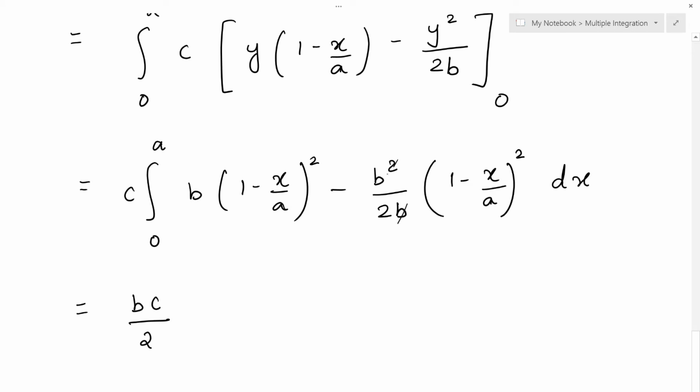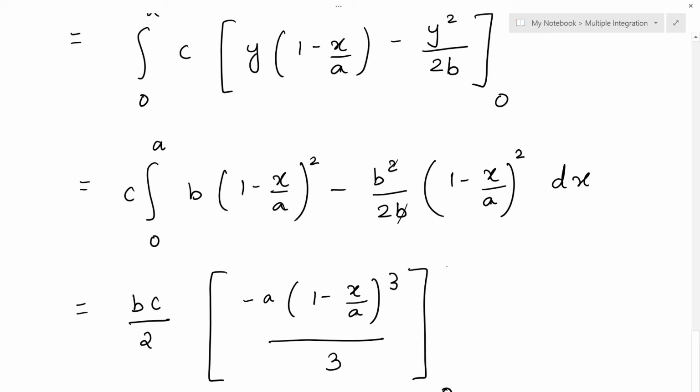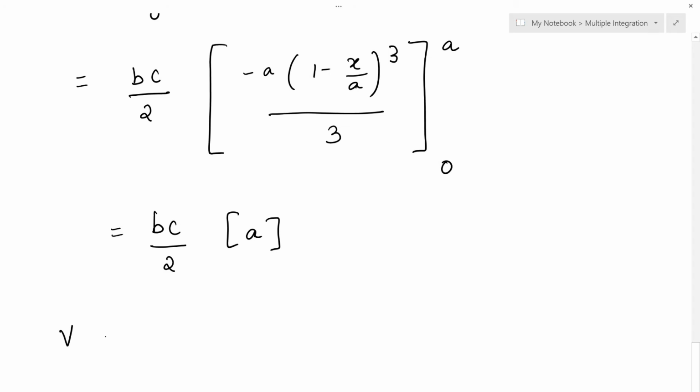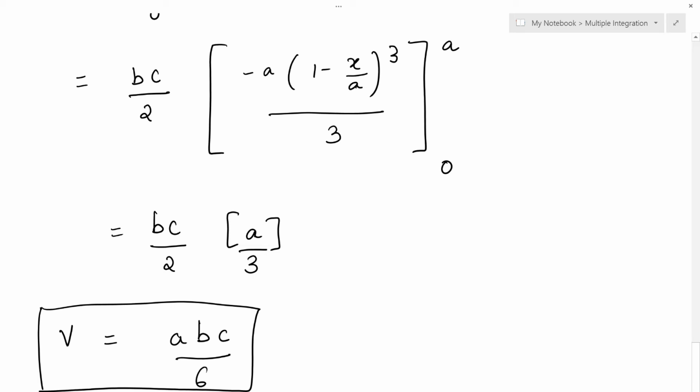And after you integrate this, that will be minus a into 1 minus x/a the whole cube by 3, and the limits of integration are 0 to a. So after we substitute the upper limit and the lower limit, the answer of this will be a, and 1/3 is also there. So my final answer for the volume is abc by 6.